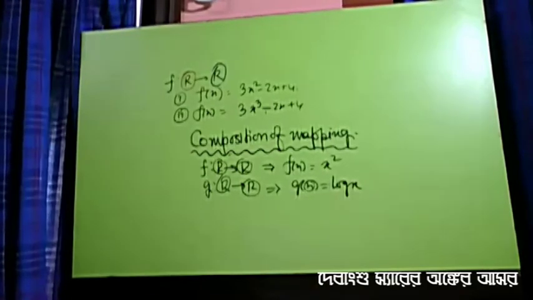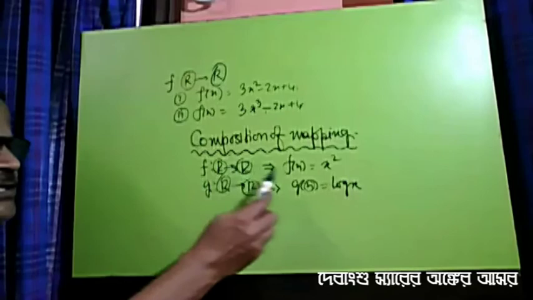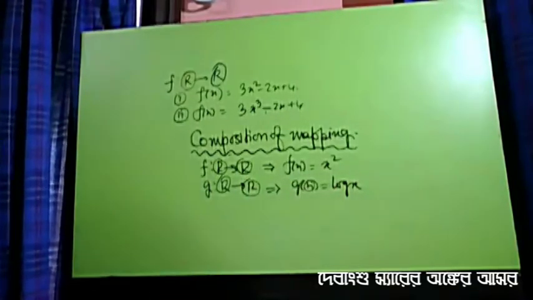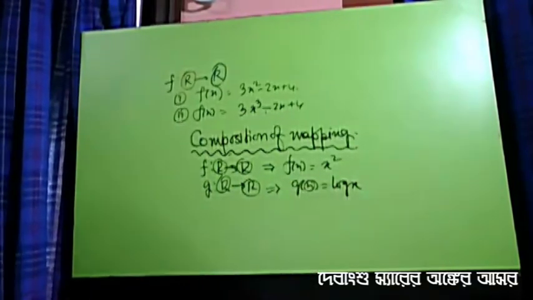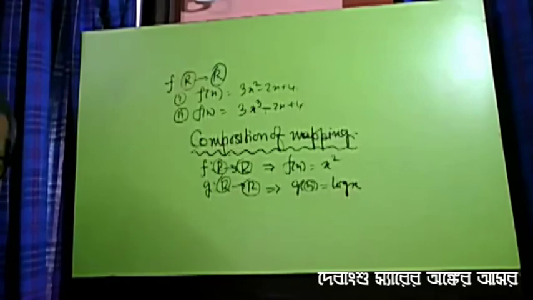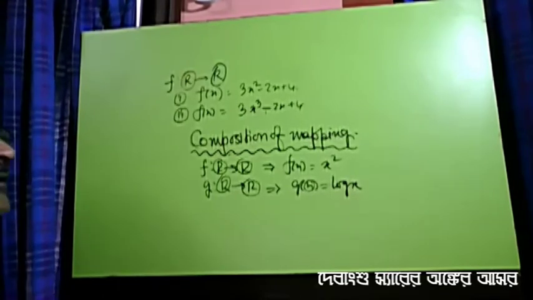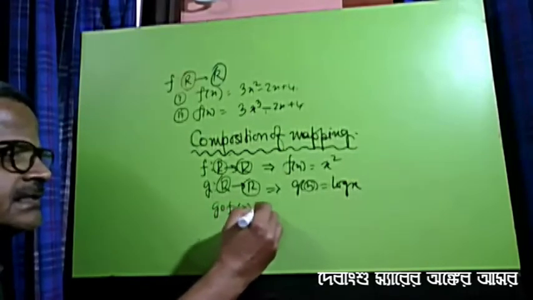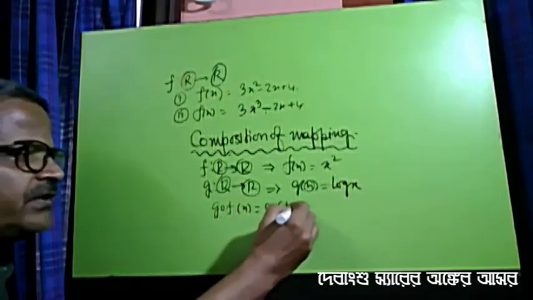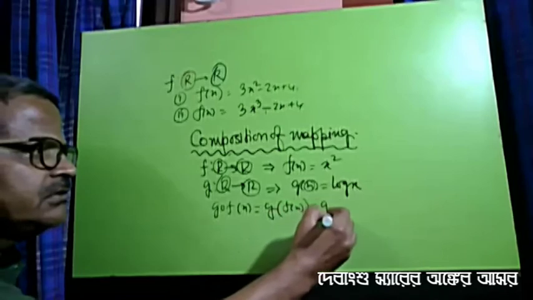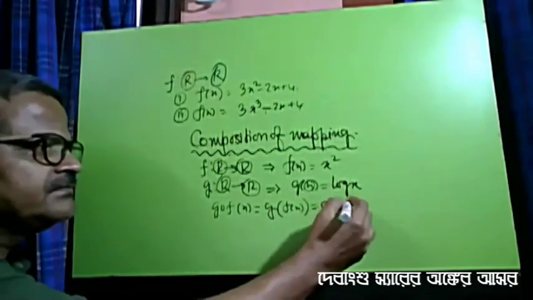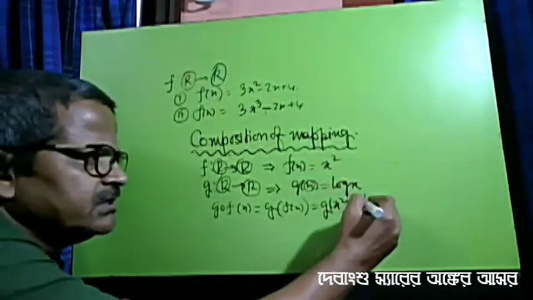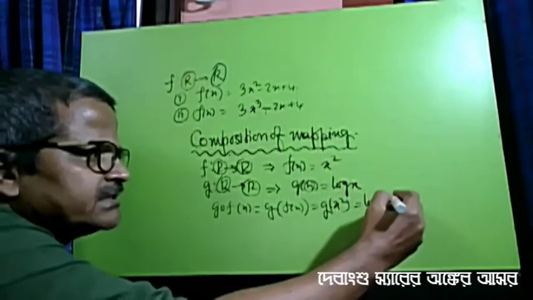Next example, we consider Fx as x square and Gx as log x. Now see, G compose F of x is equal to G of Fx is equal to G of x square. Fx is x square, so it is log of x square.